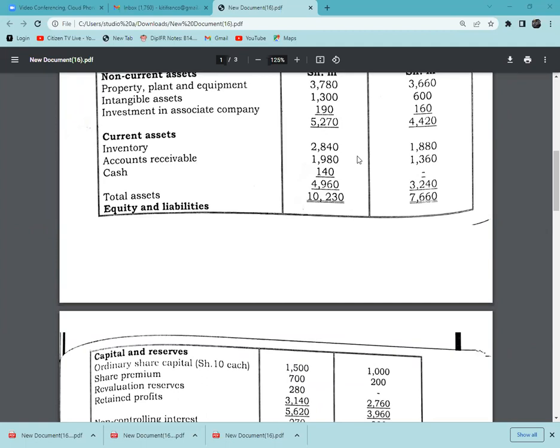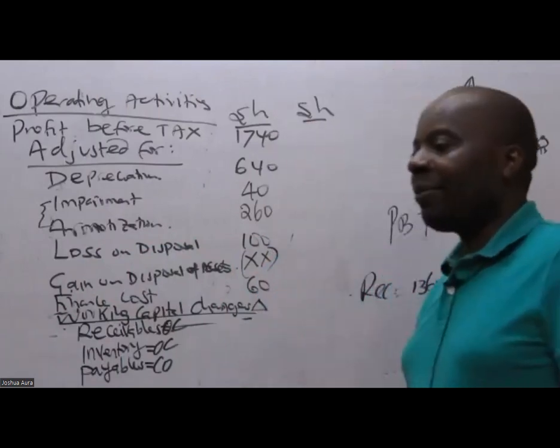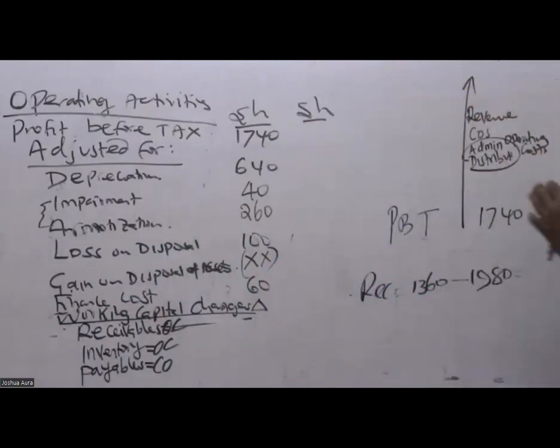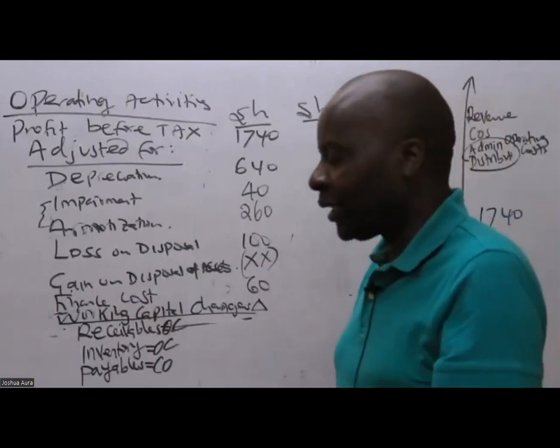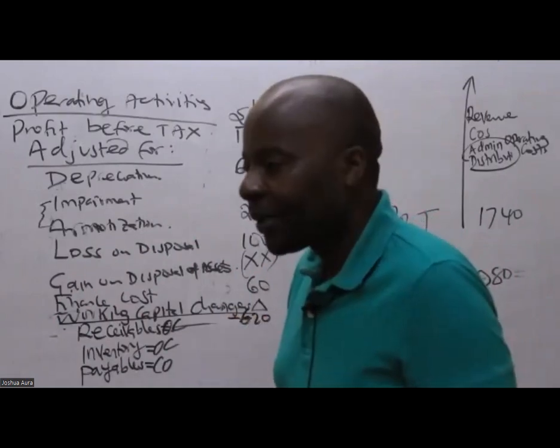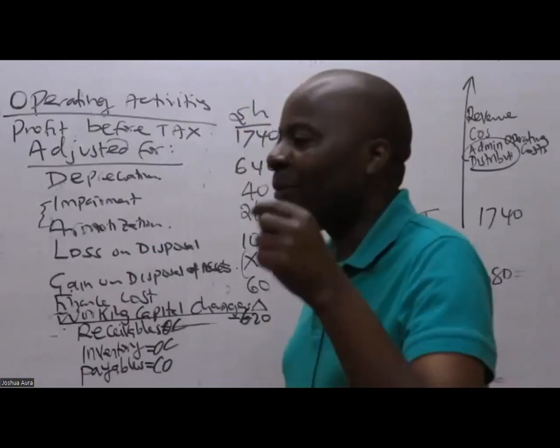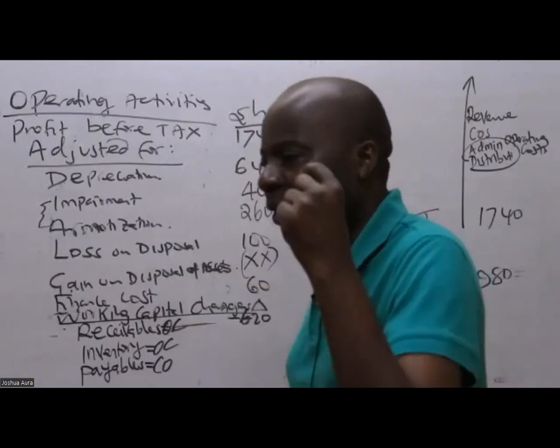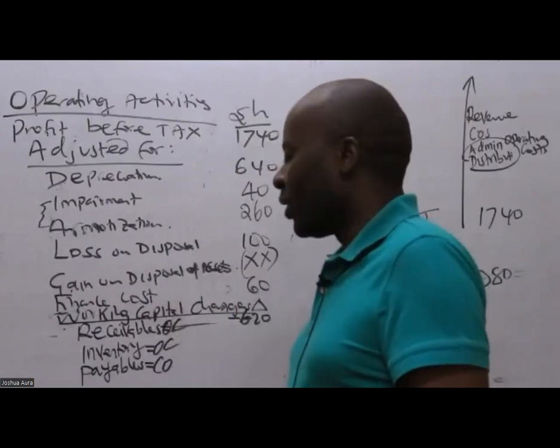So you take the 2012 figure minus the 2013 figure, which gives how much for receivables? David tells me it is minus 620. So we put minus 620 there. You don't have to keep reasoning about whether this is an increase. That's none of your business. If it's negative, you write negative.